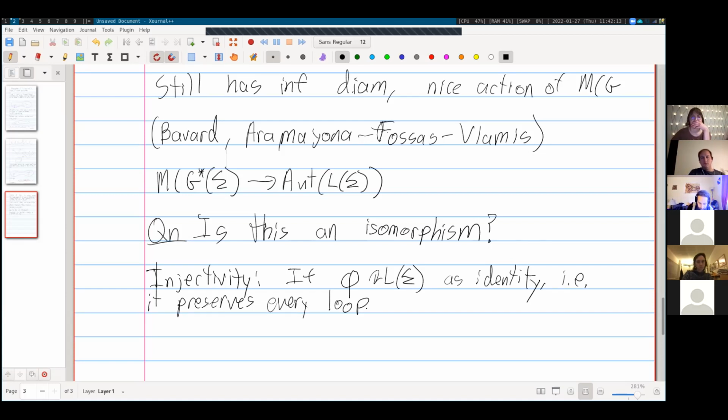Let me be careful: you preserve every curve on the slightly different surface you get from filling in the one puncture. If you move every loop to a loop that's isotopic to that same loop, then you've also moved every curve to a curve that's isotopic to that same curve, up to isotopy.